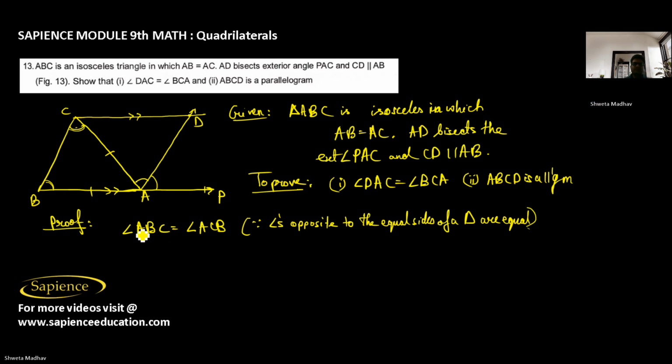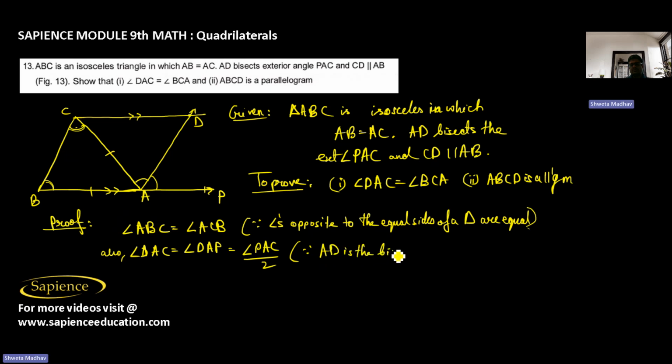Now, also angle DAC is equal to angle DAP, equal to angle PAC by 2, since AD is the bisector of angle PAC.